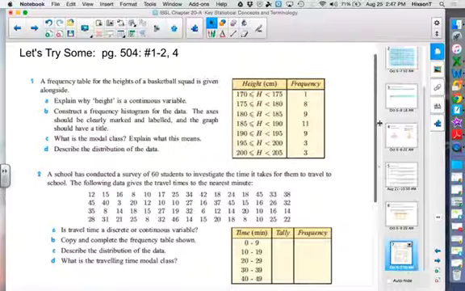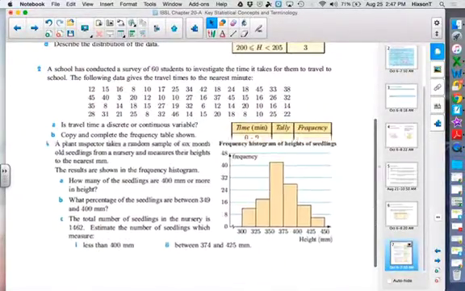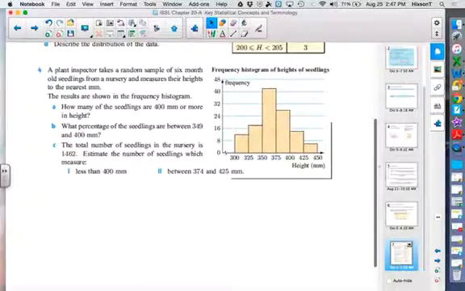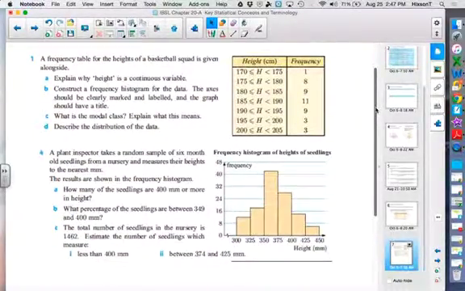What I want you to do is get with somebody and find a spot at one of the boards. I've got a bunch of markers over here you guys can use. But I want you to go ahead and work on these, and we'll do number 1 and then skip down to number 4. Okay, go ahead. Oh, here we go. That'll work. We'll do 1 and 4. Okay? So let's go ahead and start with that.